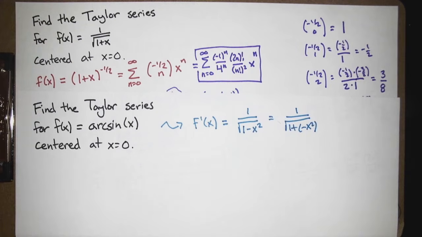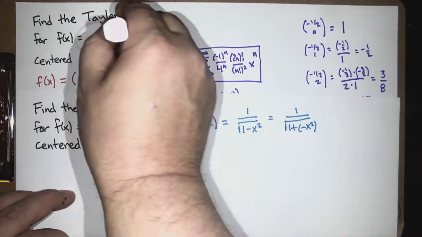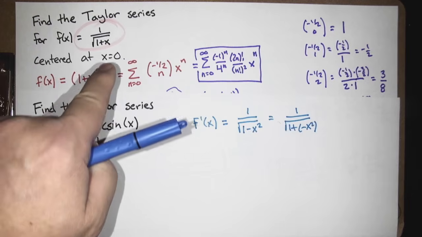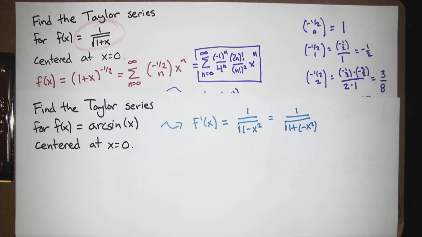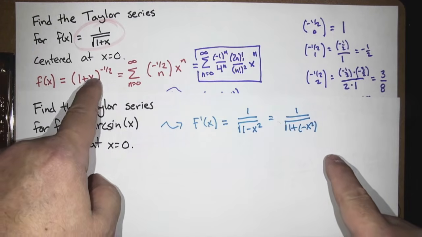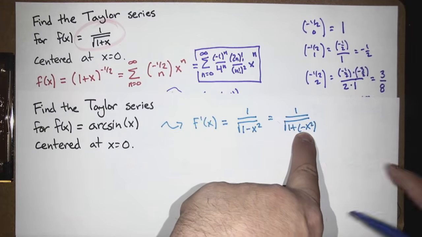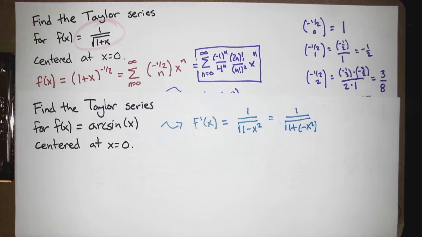But why would I write it that way? We have the Taylor series for 1 over the square root of 1 plus something. What can we do? We can replace x by negative x squared. It's our classic what's in the box.